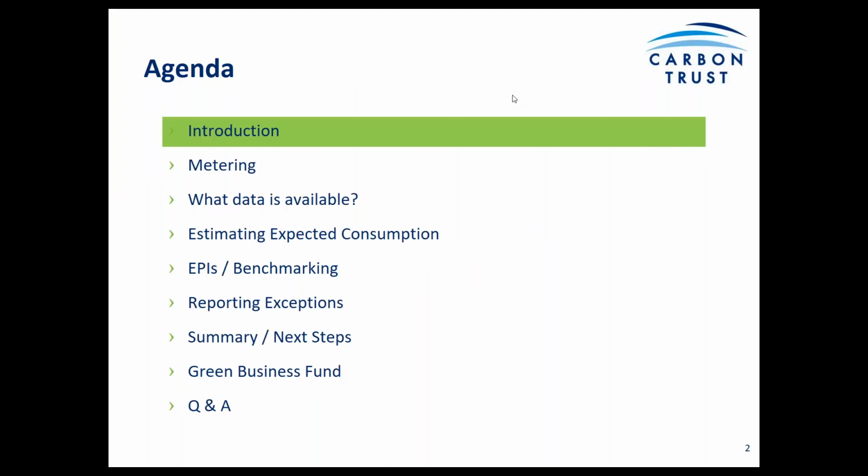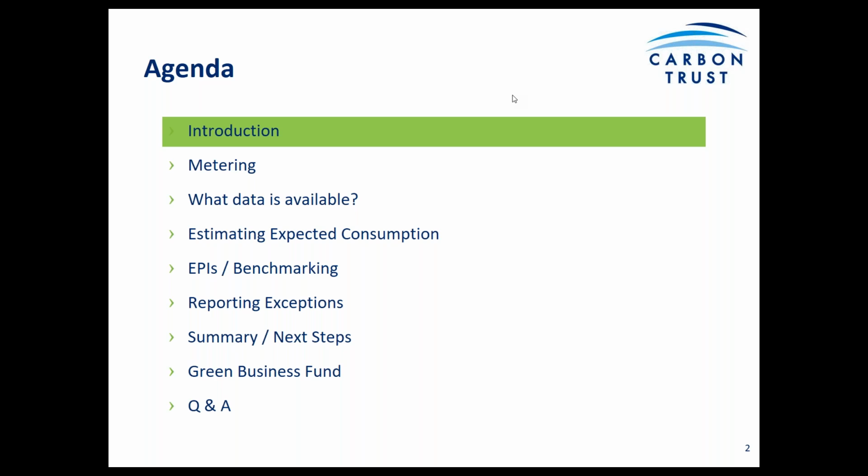So here's the agenda for today's session. We'll start with a brief introduction, then we'll look at the metering of energy supplied to the site. Next, we'll look at what data is likely to be available to the business depending on what meter arrangement they have in place. Following this, we'll move on to explain the key methods of estimating the expected consumption at the site.